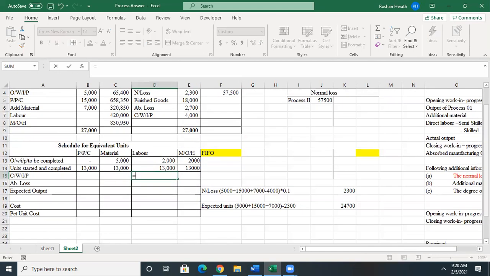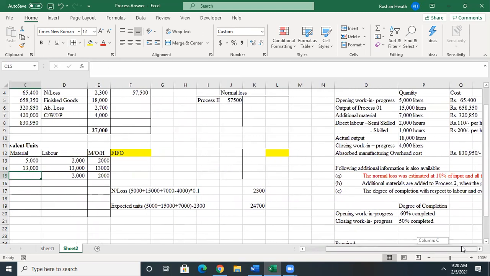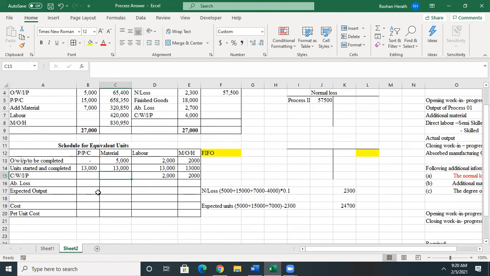So it's 4,000, and 50% is what is completed. The material is not being added because it is only 50% completed. The material will be added once it is 70% completed. Previous process cost, it's given, it's already completed.